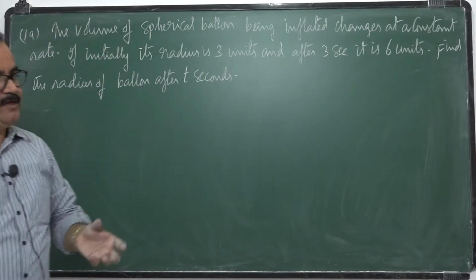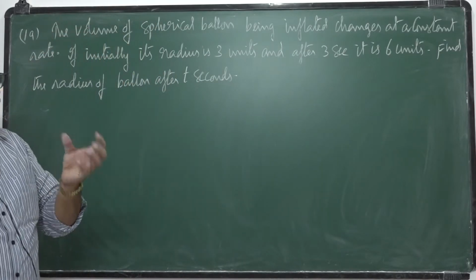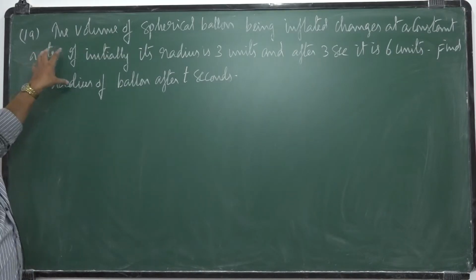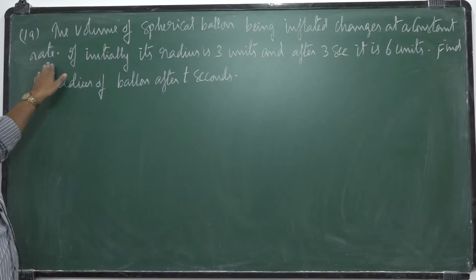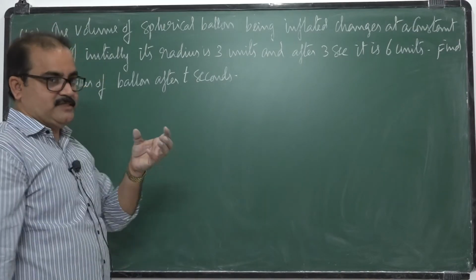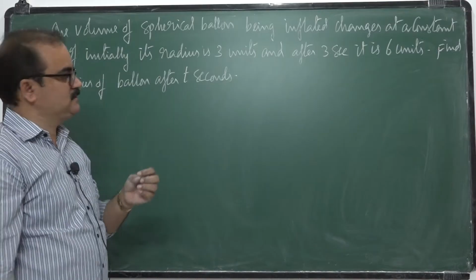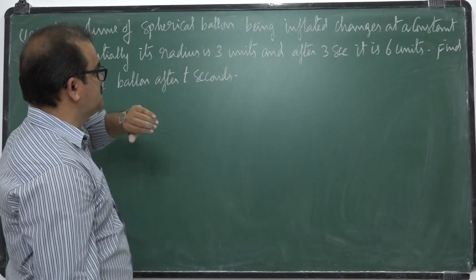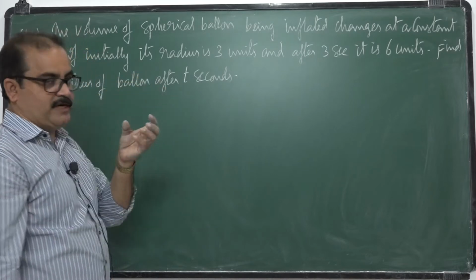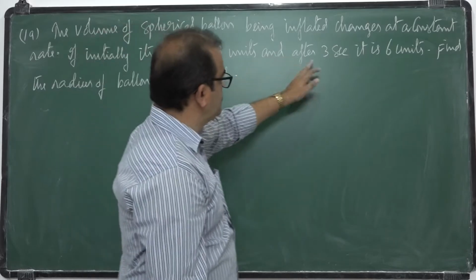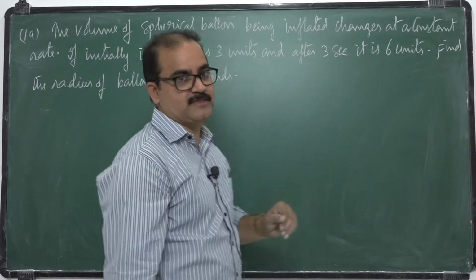The shape of the balloon is a sphere. Initially its radius is 3 units, and after 3 seconds it is 6 units.